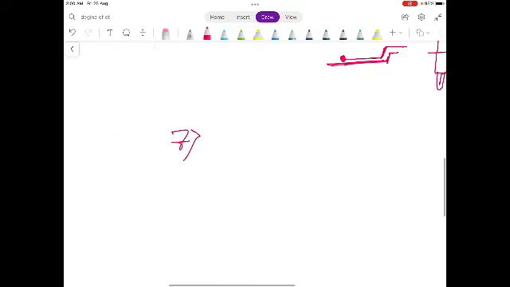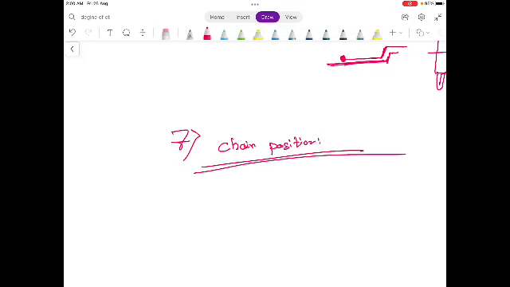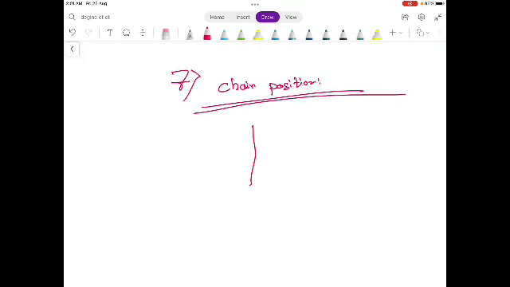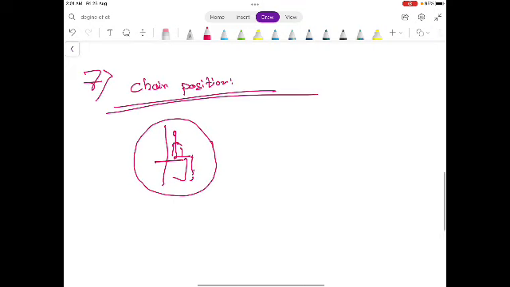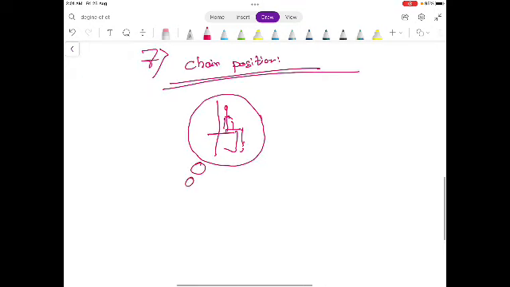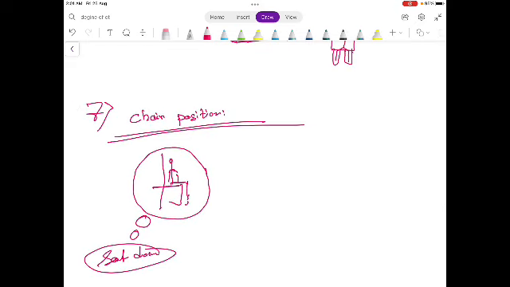So we have completed 6 positions among 7, and now we have to complete the chair position, right? We are discussing the chair position right now. What is this? This is the chair, right? One should think to sit down like this, right? Here is your hand. This is the thought of all of us, to sit down.